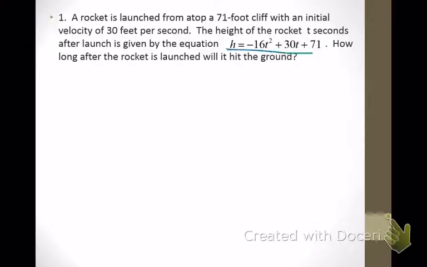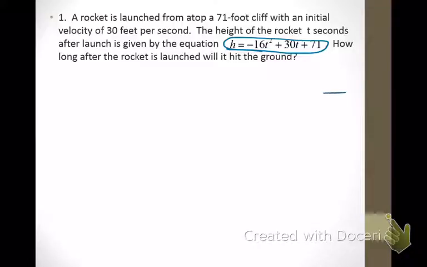Sorry, okay, so here we go. That's our function, the height in terms of t, because obviously the rocket's going to go up and come back down after so much time. So based on the amount of time that has gone by, this function will tell us how high the rocket is. How long after the rocket is launched will it hit the ground?